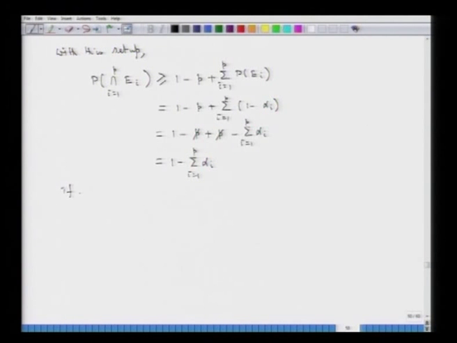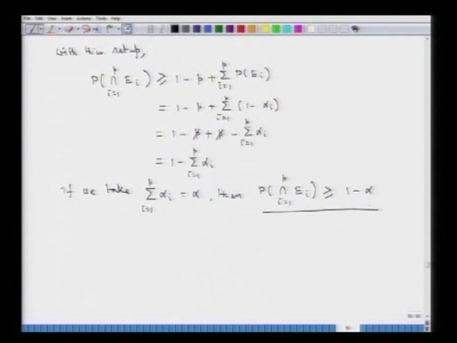So if we take the summation of alpha_i, i equal to 1 up to p, equal to alpha, the desired level of error, then the probability of simultaneous coverage, that is the intersection of these E_i events, is going to be greater than or equal to 1 minus alpha.